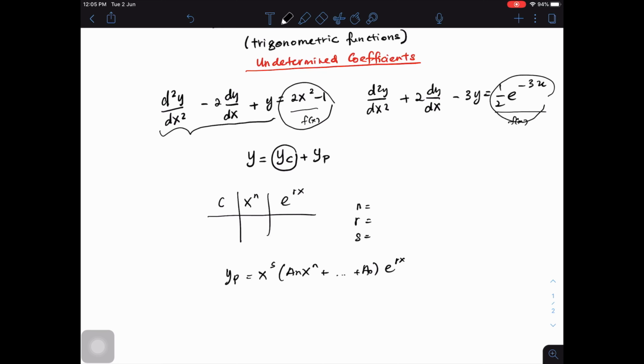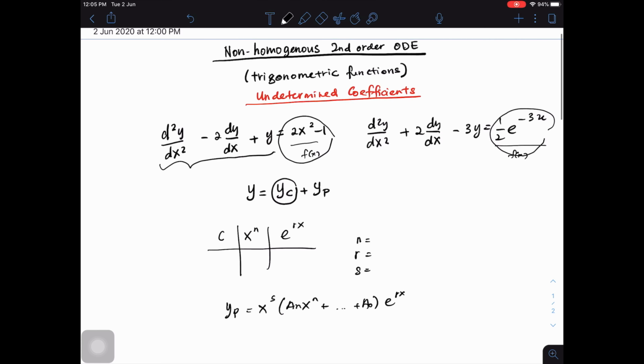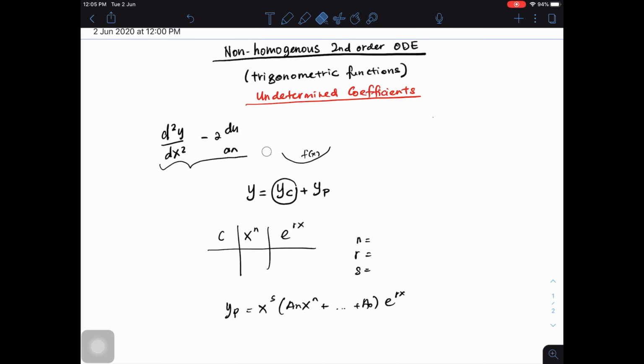When we have fx involving a trigonometric function, we no longer can use this method. So today I will teach you how to solve the non-homogeneous second order ODE by using undetermined coefficient if it involves a trigonometric function. Okay, so let's see it together.